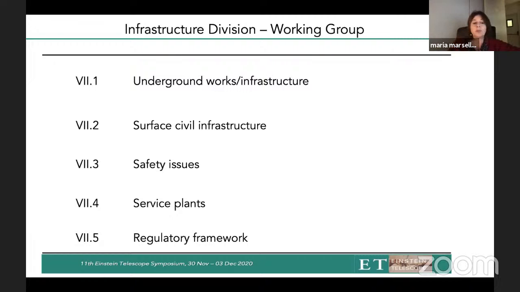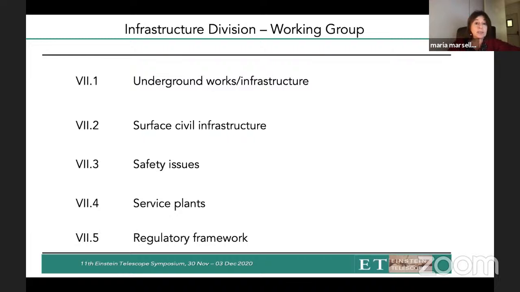We also set up a group for safety, to take care of safety issues, and one focused on service plans, meaning the mechanical, electrical and telecommunication plants that should serve the infrastructure.